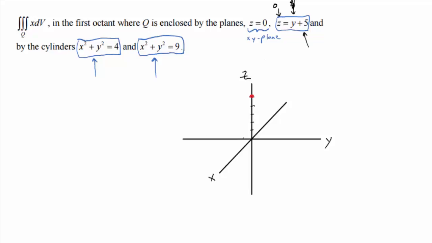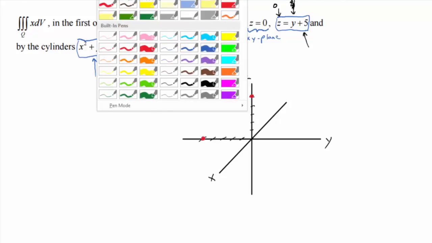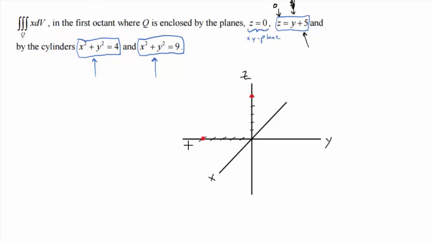So let's go in the negative direction on the y-axis. Then we'll draw in that line, and that line generates the actual plane that we're talking about in space. I don't know how far I need to draw it, so I'll be on the safe side and draw it a little longer than I think it needs to be.